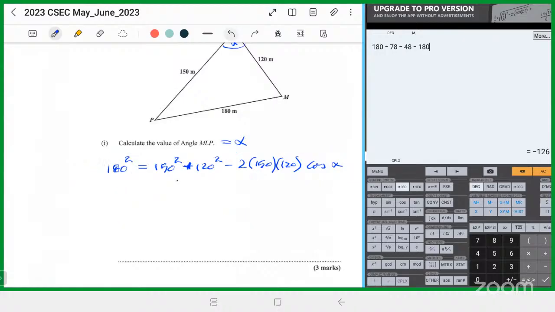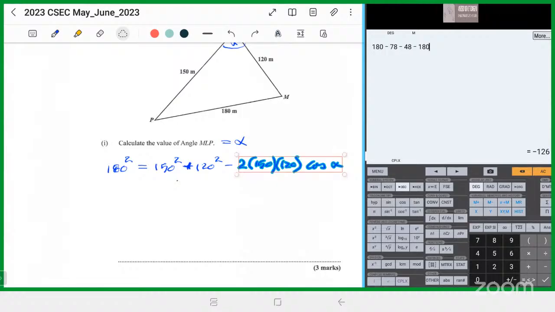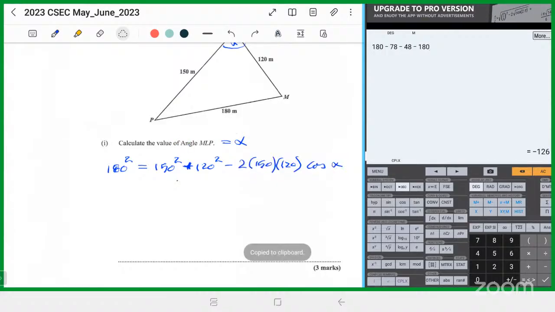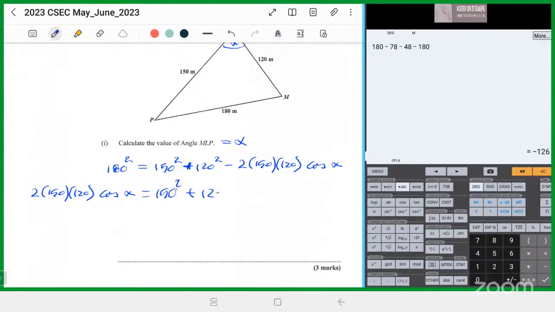So the first step will be that all of this comes on this side and becomes positive. Because I'm on the device, I can just copy it and put it over here first as a subject. And then everything here comes back: 150 squared plus 120 squared. And then this now comes over this side and becomes minus 180 squared.